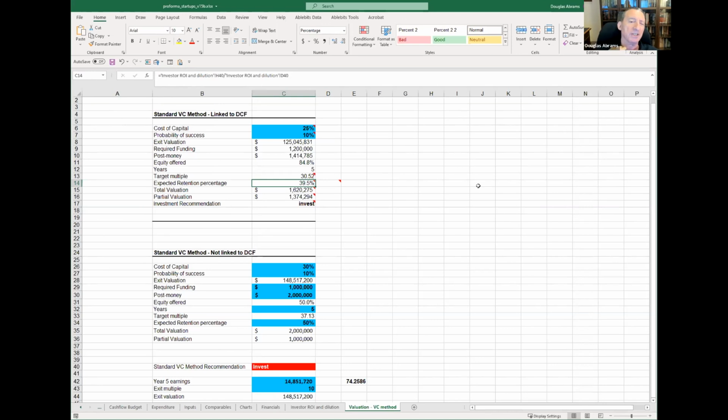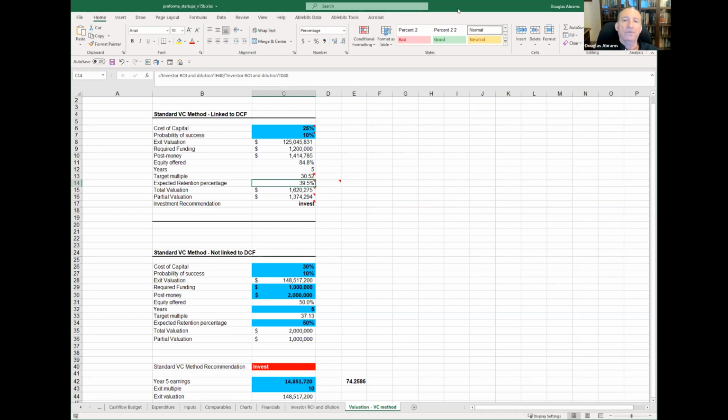So it calculates the exit valuation using the same revenue and cash flow numbers that we're using to do DCF valuation. And this is, I think, one of the strengths of our model because it lets us combine the different valuation methods using all the same assumptions.